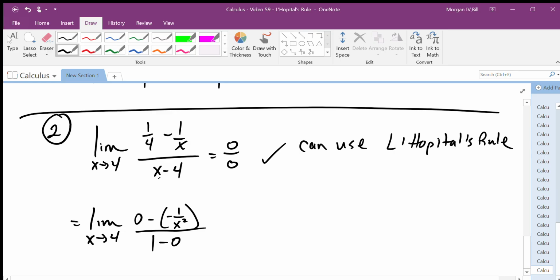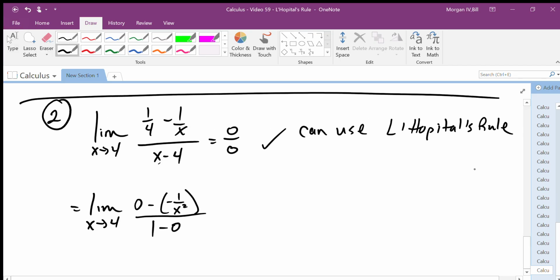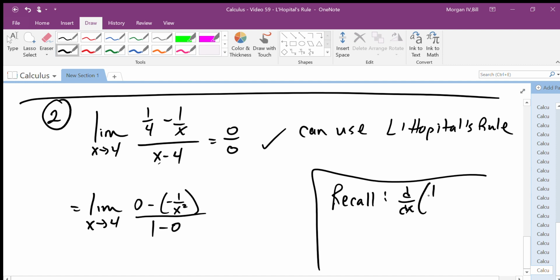Now, if you want to see the side work for the derivative of 1 over x, recall that the derivative of 1 over x is the same thing as the derivative of x to the negative 1. To do that, we bring the negative 1 down, then it's x to the negative 2.